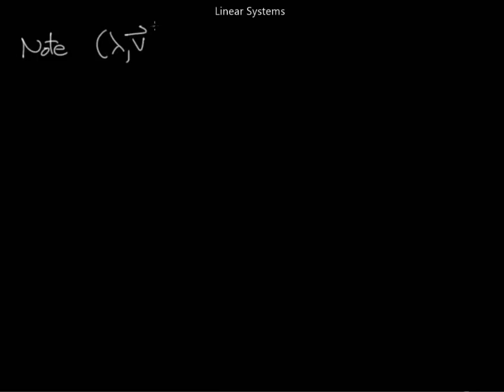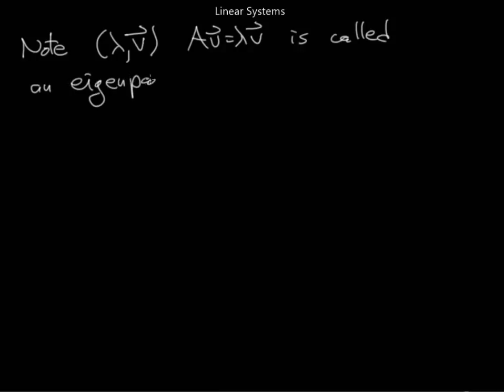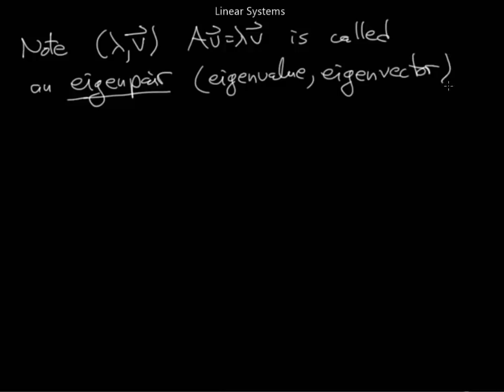Now, just a little bit of terminology. We refer to this pair consisting of the eigenvalue and the eigenvector as an eigenpair. So when you specify an eigenvector, you usually want to specify its eigenvalue at the same time, so it's really helpful to think of the pair consisting of a scalar and a vector.